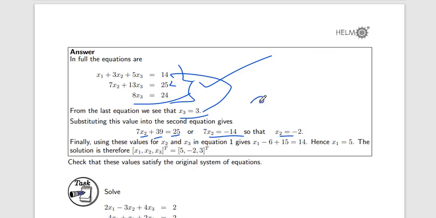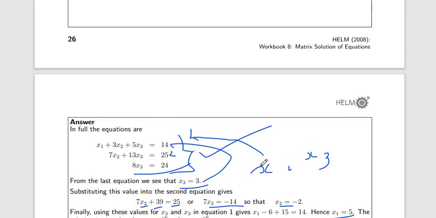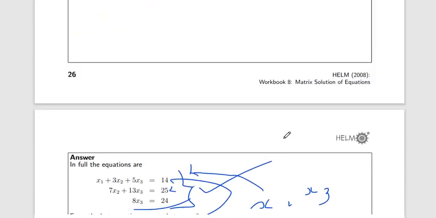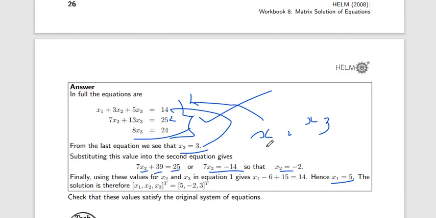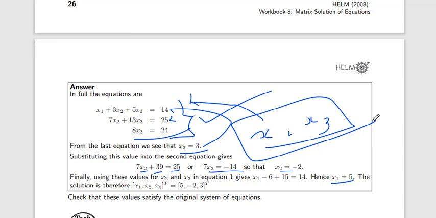Then we put the x2 and x3 values in equation 1 and we get x1 is equal to 5. So with Gaussian elimination we solve these types of linear equations. In the next lecture we will see different types of equations.